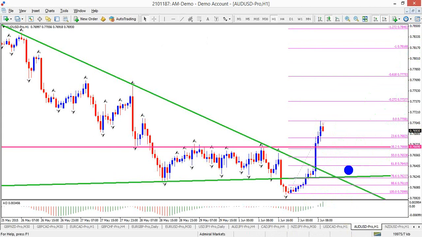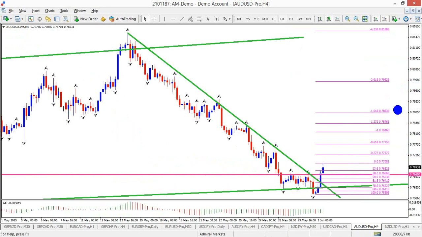Then a tighter one could be used. If a 38.2 fib bounce happens, then the stop loss is a bit on the larger side, but still 70 pips, so it's still perhaps okay. Classical target would be this minus 61.8, but it could extend all the way to the minus 161.8.